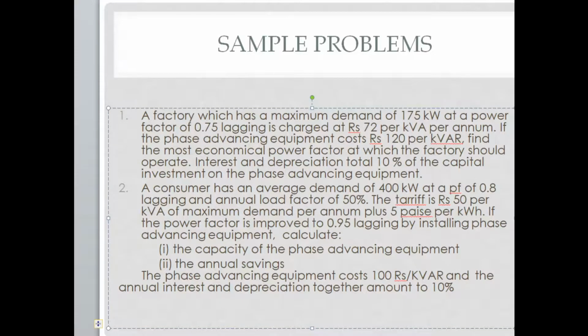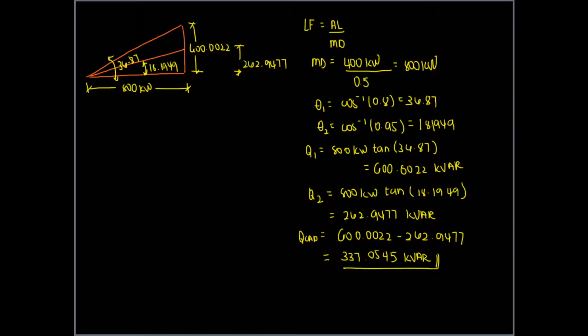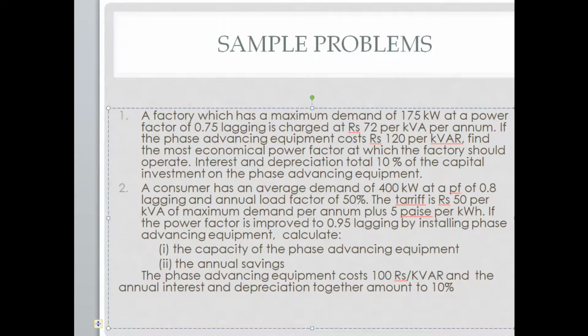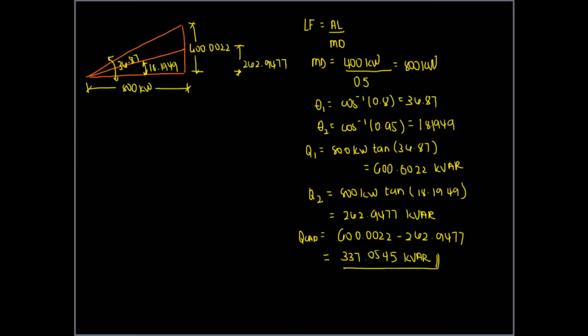So to get the annual savings, you probably just get the difference of the savings from the tariff to that of the expenses for your annual expense for your phase advancing equipment. So first, what is the savings that is going to be computed given the change in kVA?